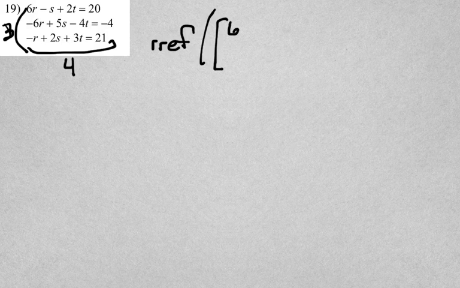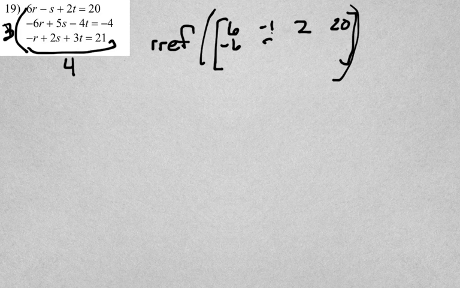So it's going to look like this: 6, negative 1, 2, 20. Negative 6, 5, negative 4, negative 4. And the last row is negative 1, 2, 3, 21.